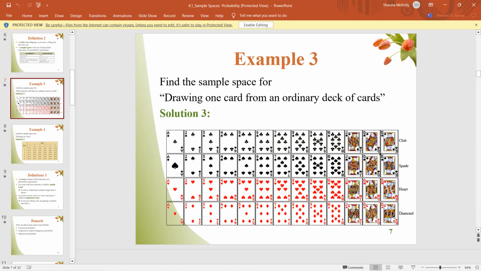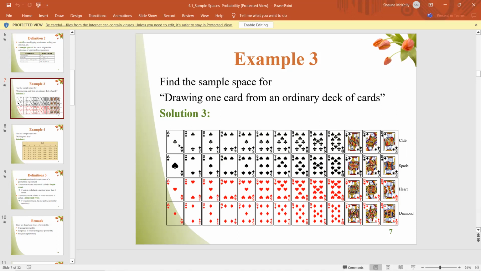Okay. Each type of card that you read prior is called a suit. Each denomination of card, ace, 2, 3, and so on, is called a rank. So suits, there are 4 of those. Ranks, there are 13 of those.